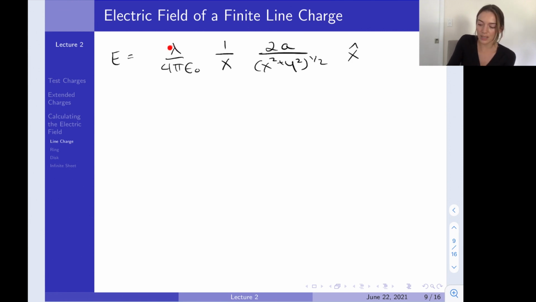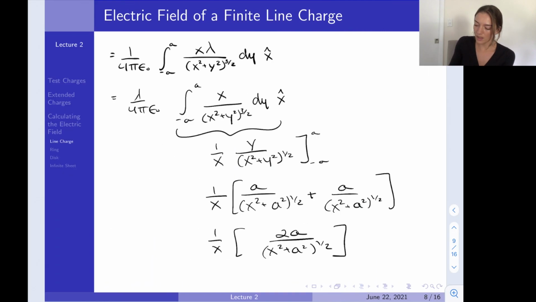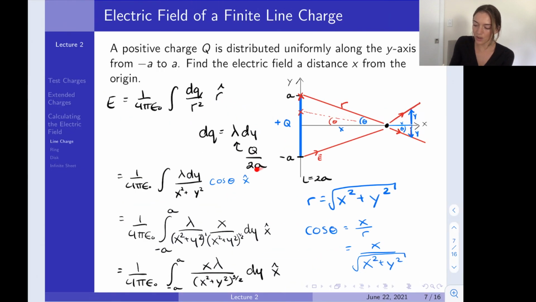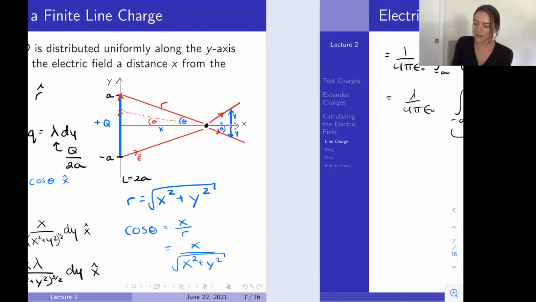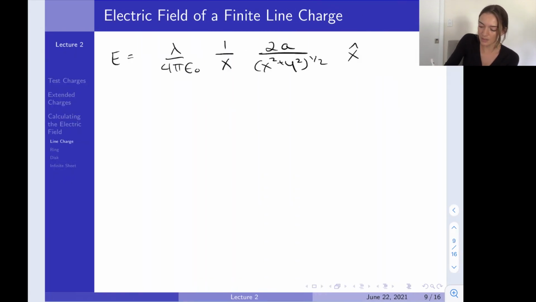Now let's just replace lambda with our q over 2a, because when you do any problem, you only want to use variables that they gave you in the problem. So since the problem didn't mention lambda, you want to just put it back in terms of q and a and negative a. So let's just replace lambda with q over 2a and then simplify things.